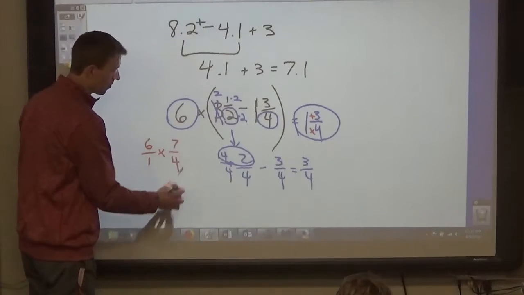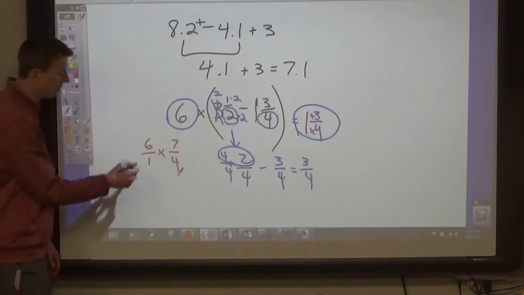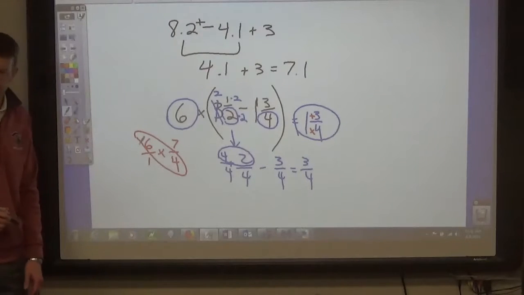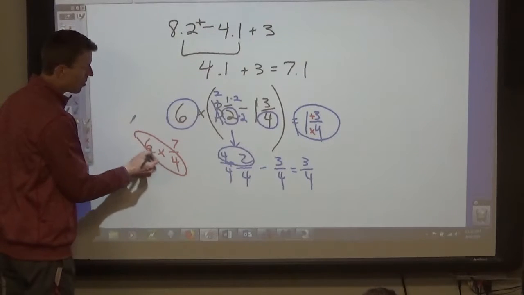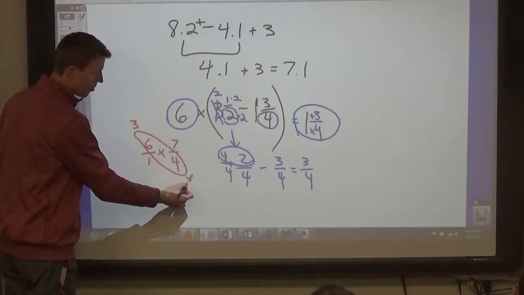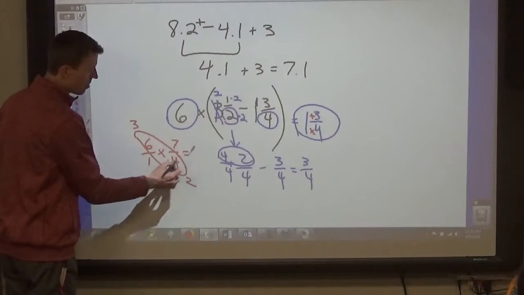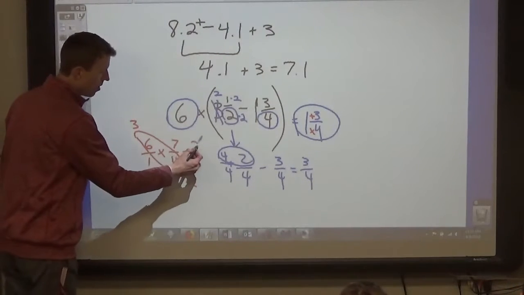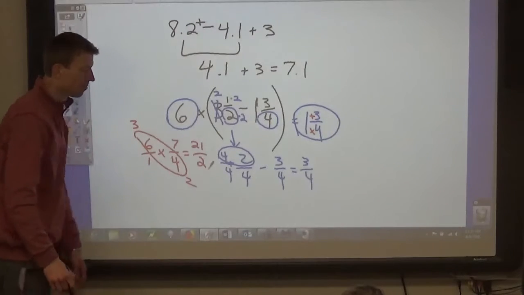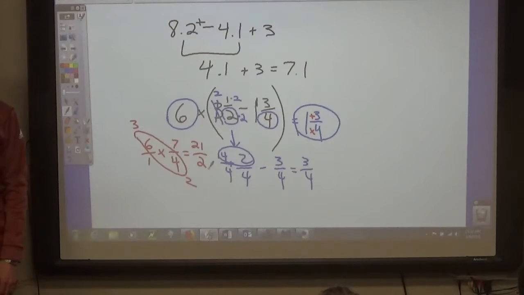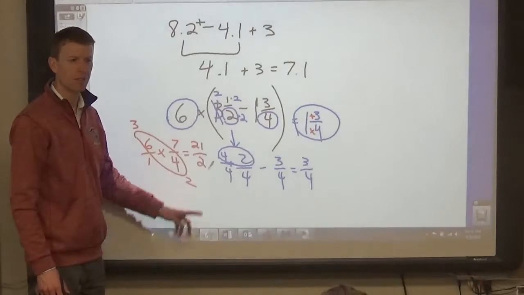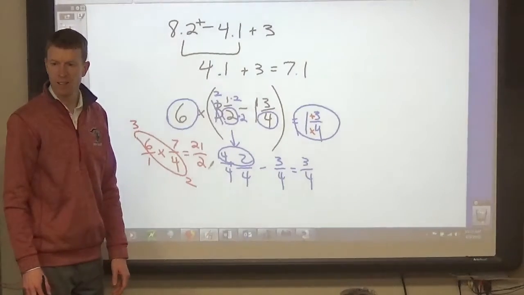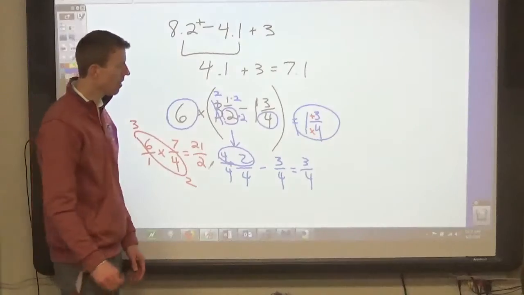Good. Then can we reduce this? Take out the 2's. 3/2. 3 times 7 is 21/2. So what is the answer there? 21/2. That's a mixed number? 10 1/2. Yep.